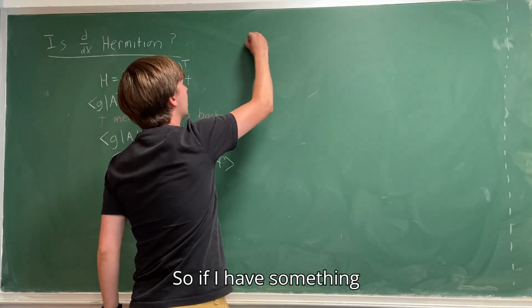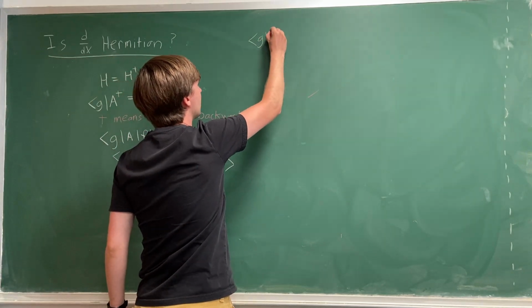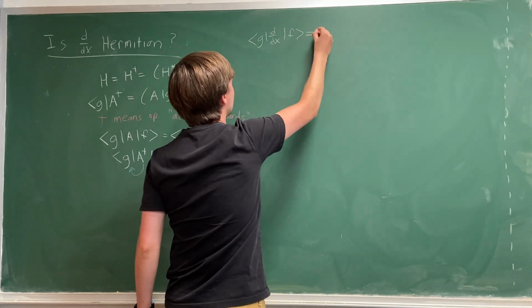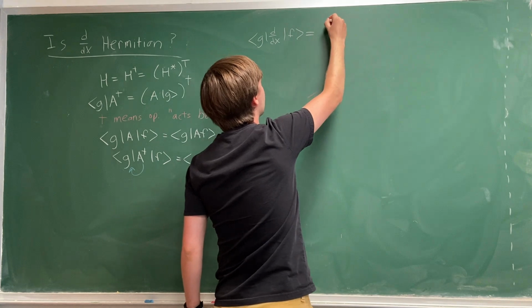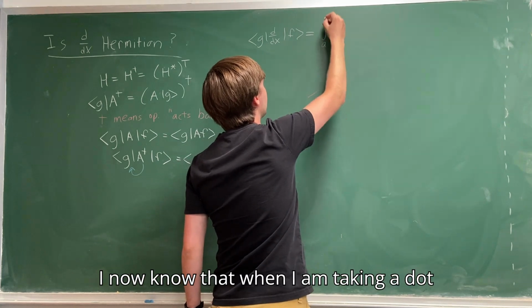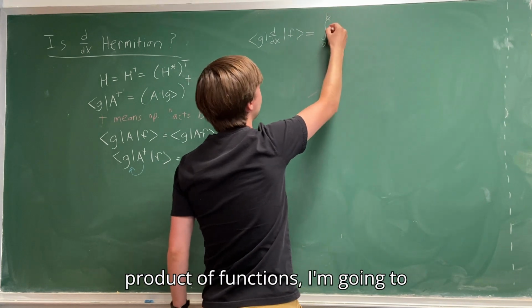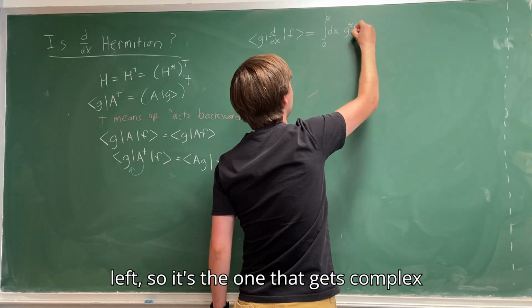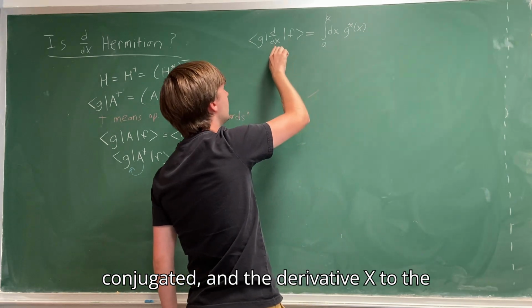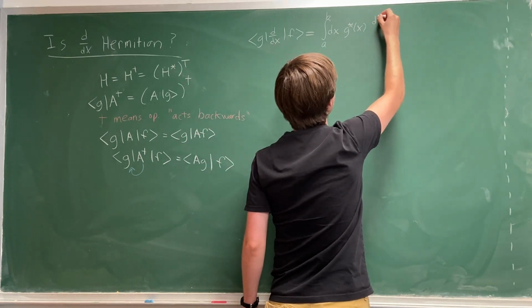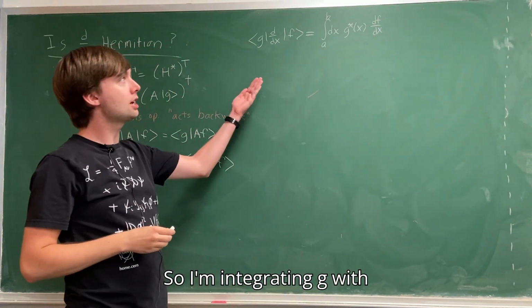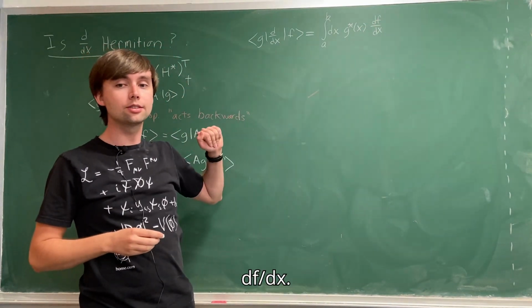So if I have something like this, I now know that when I am taking a dot product of functions, I'm going to integrate them. G is on the left, so it's the one that gets complex conjugated, and the derivative acts to the right. So I'm integrating G with df dx.